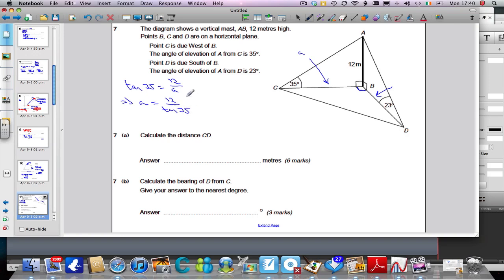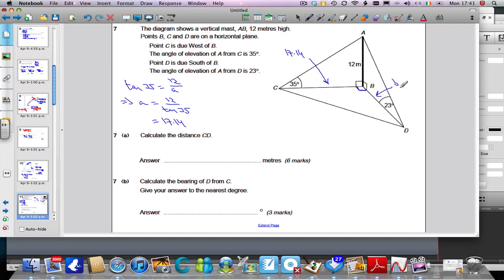And 12 divided by tan of 35 gives us 17.14, which is roughly 17.14. So let's just replace that a now with 17.14. Okay, this is coming along nicely.